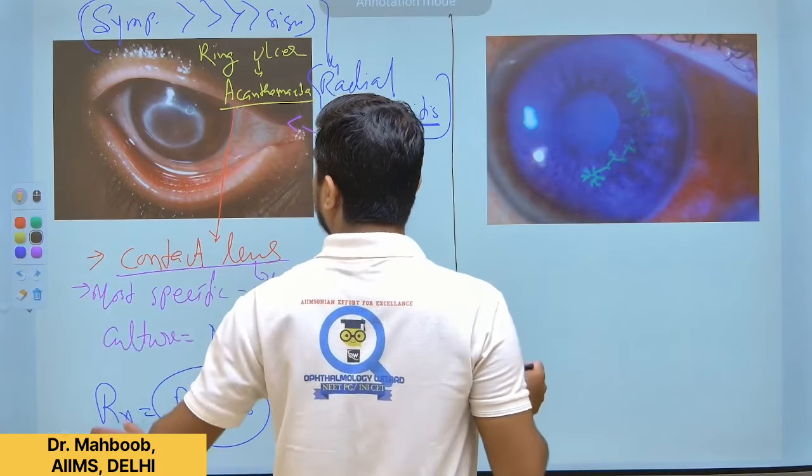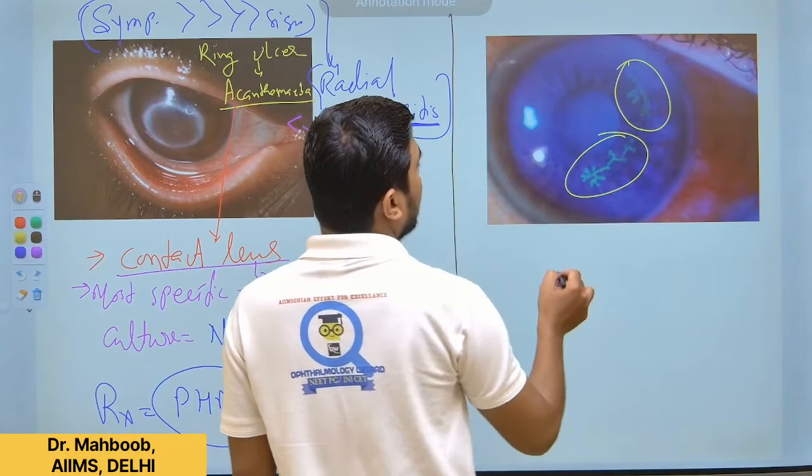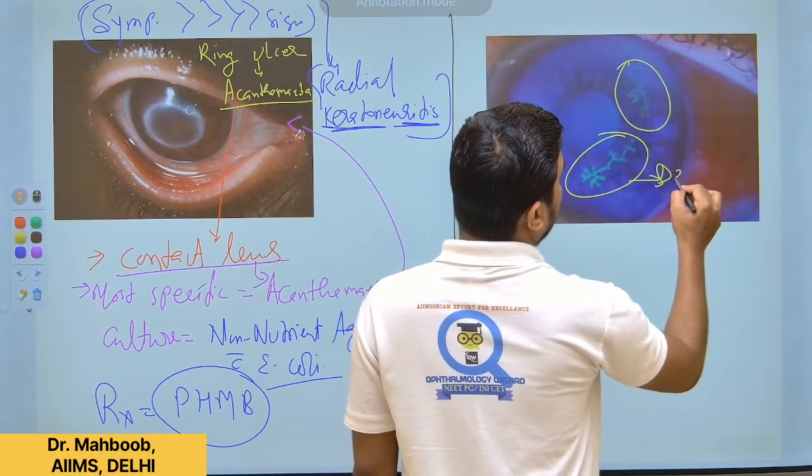Now coming to this, can you see what is this? What is this? These are the dendrites.